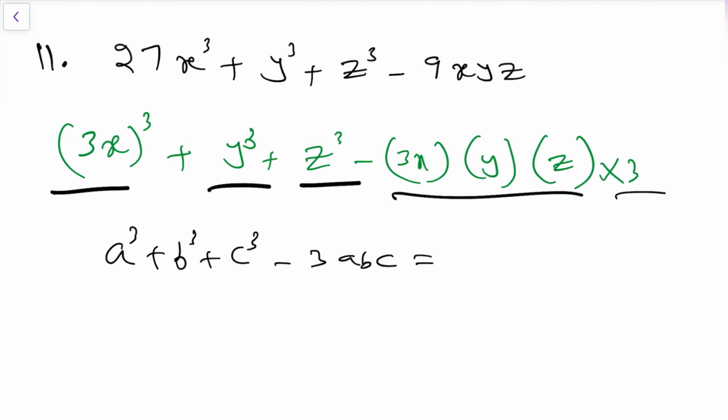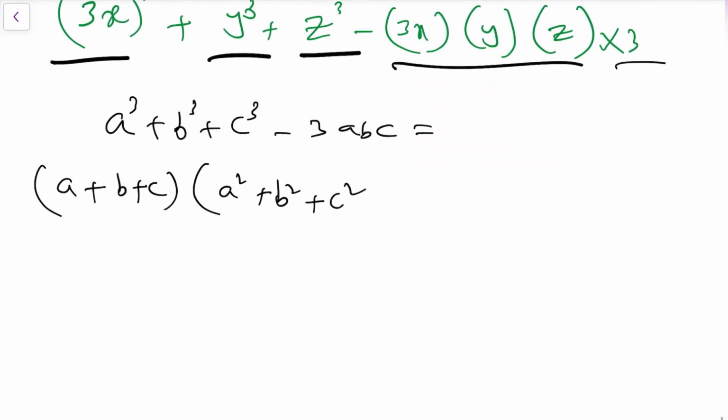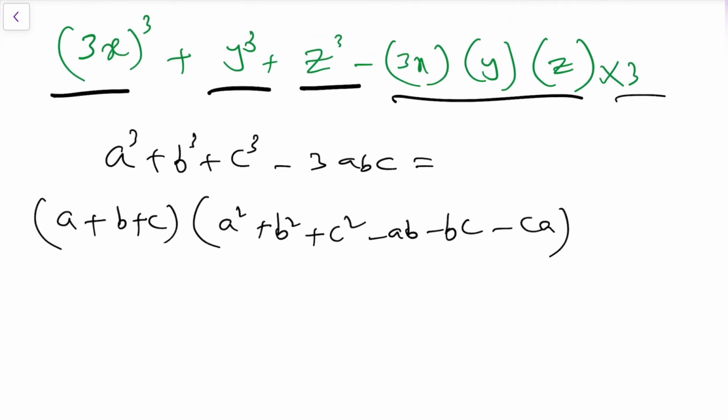That is nothing but a plus b plus c into a square plus b square plus c square minus ab minus bc minus ca. So let us substitute in this now. In the place of a we have 3x, in the place of b y, in the place of c z.